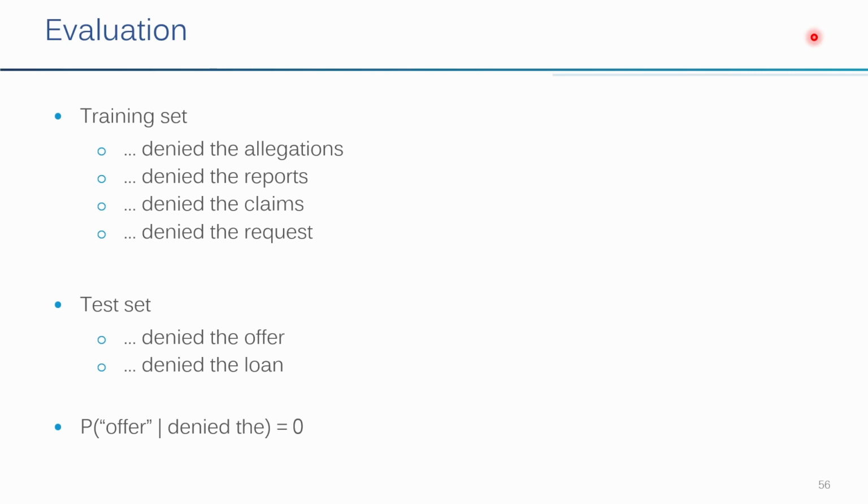Just to give you a better representation of that, let's say in this case we have a training set that has deny, the, and so on. If our test set looks like this, deny the offer, and I try to calculate the probability of offer given deny the, we'll see that these things never occur. So one way to deal with this is to assign a standard, fixed probability to all out-of-vocabulary words. Another approach is to remove out-of-vocabulary words from your test set.